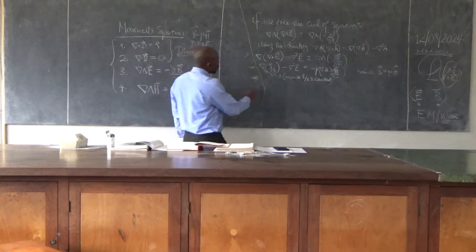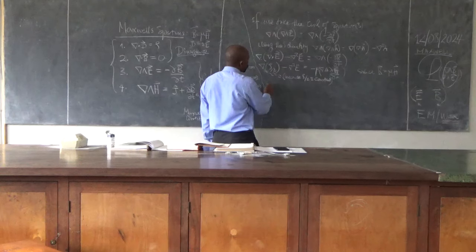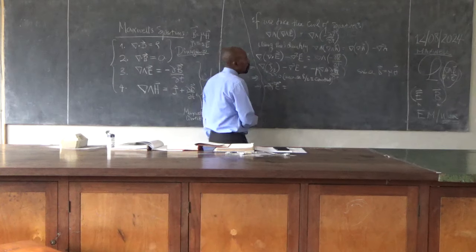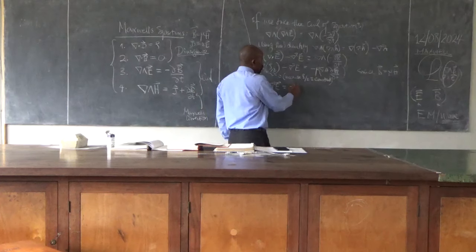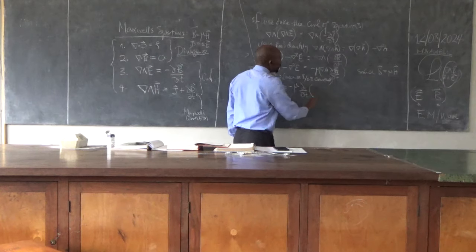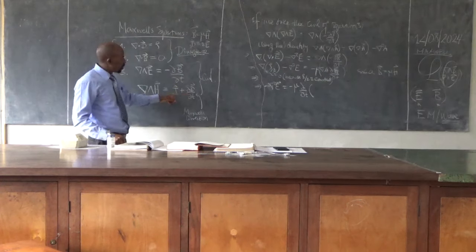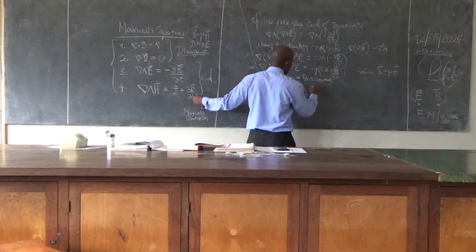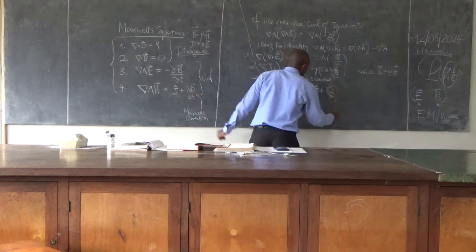So then we would have 0 minus that, so we have minus grad squared E equal to minus mu partial by partial t of the curl of H. But the curl of H is J plus partial D by partial t.